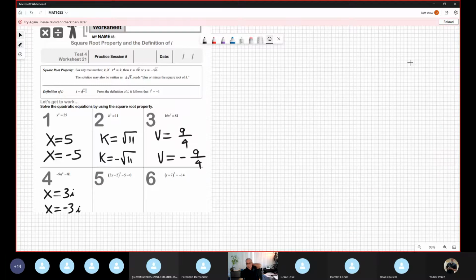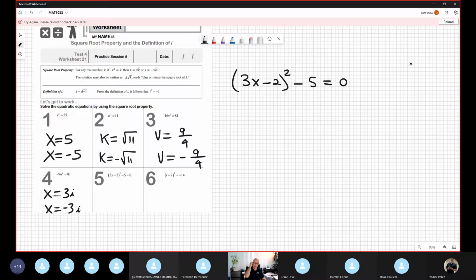But in the complex, yes. Okay, number 5 is parentheses 3x minus 2 squared minus 5 equals 0. We can expand the binomial square, manipulate and write the equation in standard form, determine a, b, and c, and apply the quadratic equation.